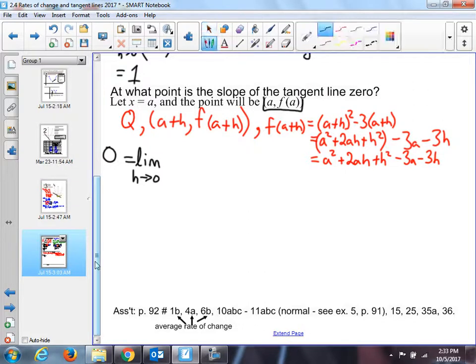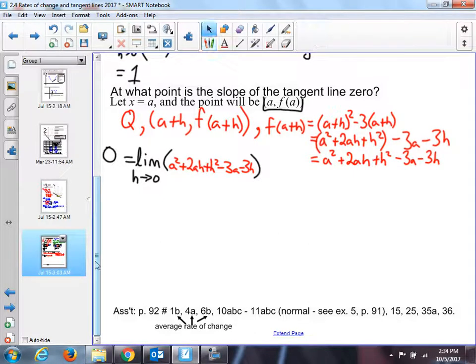So, y2 minus y1. Well, a squared plus 2ah plus h squared minus 3a minus 3h. Minus f of a. Now that one I didn't work out, but you can do this one instantaneously. It's a squared minus 3a.